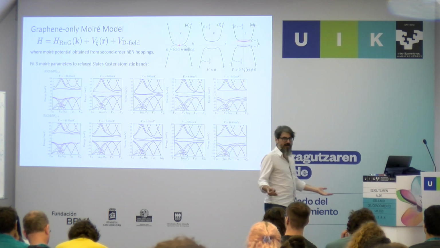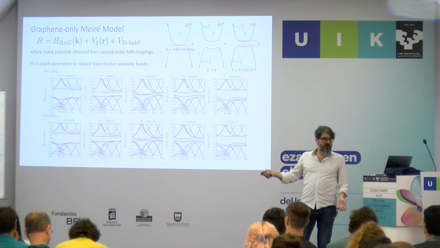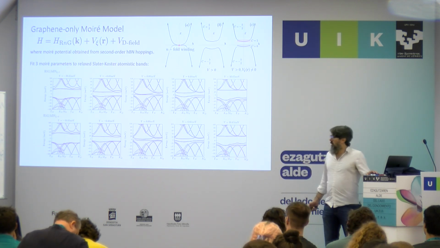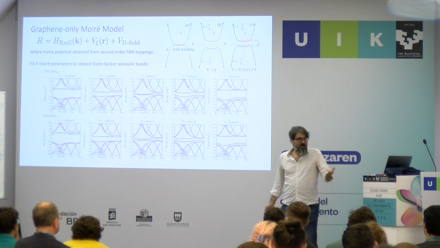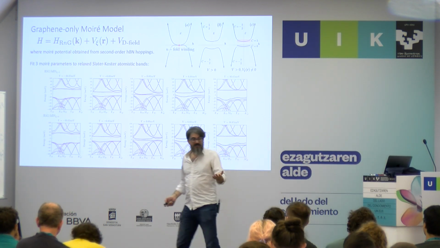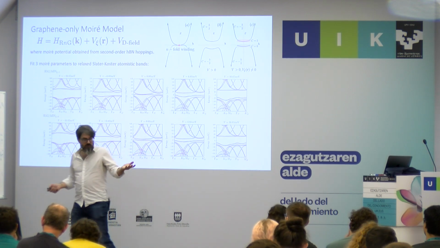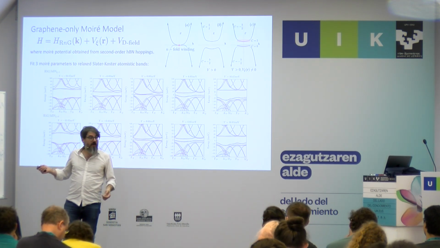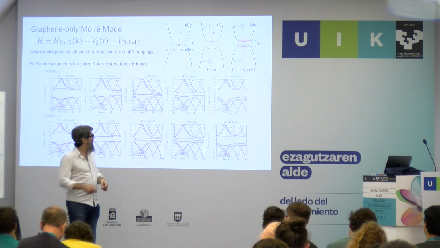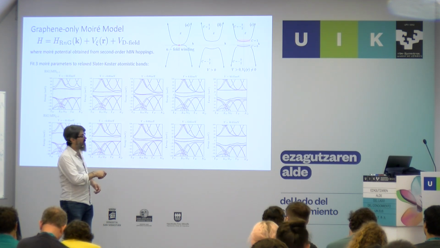If they don't feel the moire, why not work in the original zone? The reason is that you do see a Chern 1 state, integer, in the experiment, at filling 1 of the moire unit cell in the conduction bands.